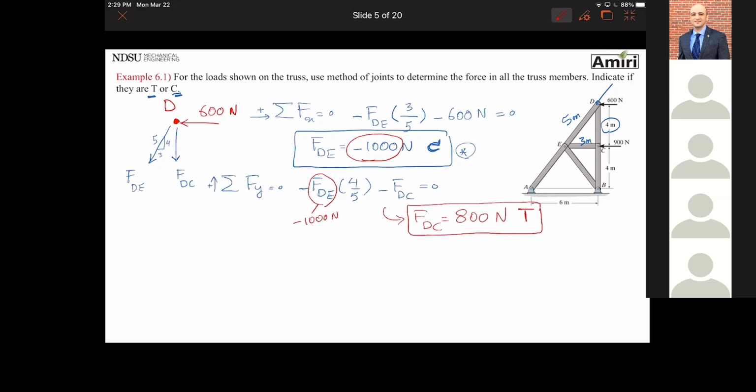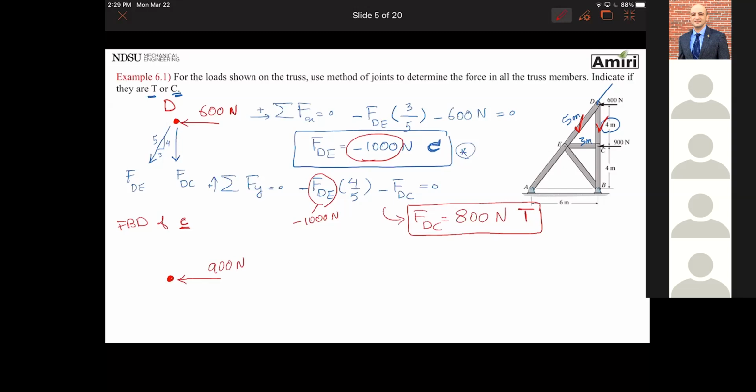All right, so now what is the next pin? Someone said C. Because now this member force is known, if I draw point C, I only have 2 unknown forces on there. So let's see, FBD of joint C. Step 1 is isolate and outline point C. Step 2 is put active forces on there, which I already see a 900 Newton.